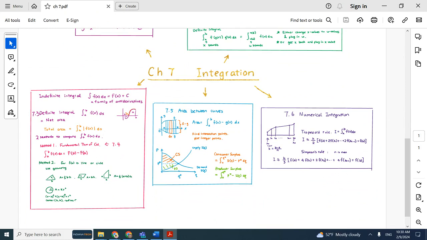We learned 2 methods to compute the definite integral. Method 1, using the fundamental theorem of calculus, we find the antiderivative. We plug in the upper limit minus we plug in the lower limit. Yes, everybody? Second method. This is when the function f of x is a line or a circle. Line means it's a linear function.